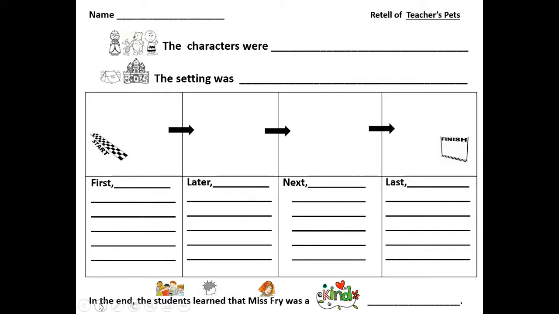So let's review Teacher's Pets and retell it out loud using our words only, not writing. Retell of Teacher's Pets. The characters were, who were the characters in Teacher's Pets? Say it out loud with me.